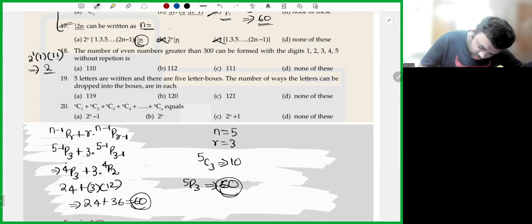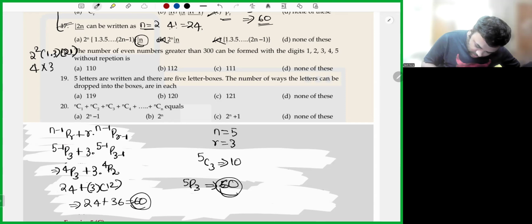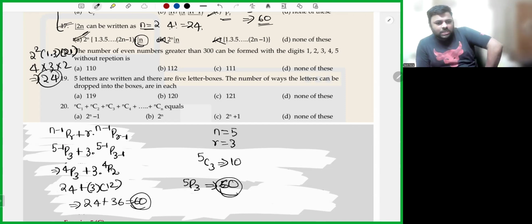Substituting n equals 2, you will get 4 factorial, which is equal to 24. 2 square into 1 into 3 into 2 factorial. 2 square is 4 into 3 into 2. 12 into 2, 24. Is it satisfying? Yes. So what is the answer? Option A is the answer. 2 power n into 1 into 3 into 5, and so on till 2n minus 1 into n factorial. Okay. So I hope the point is clear.